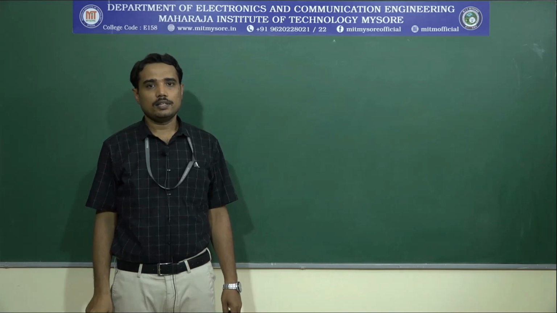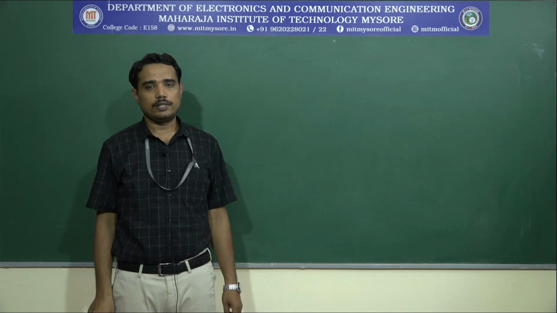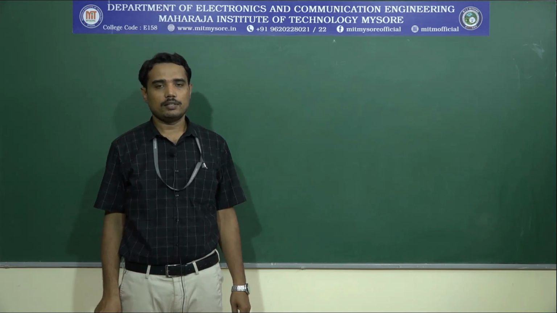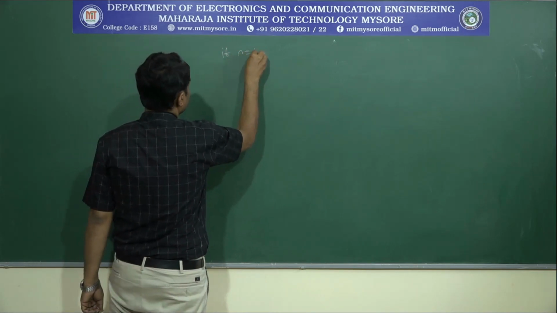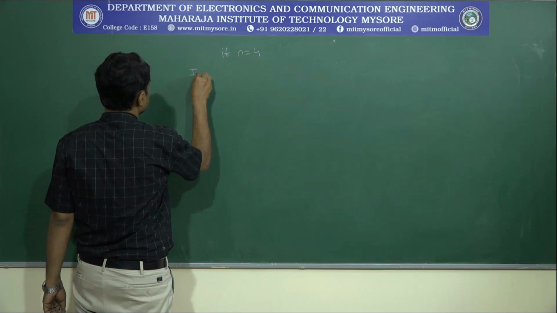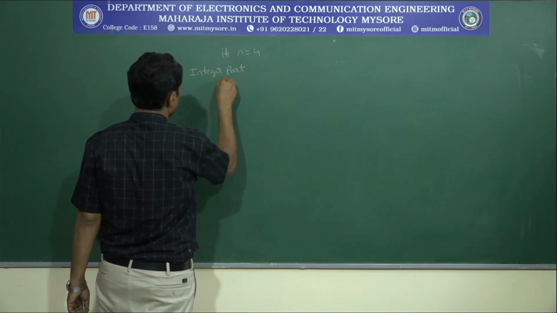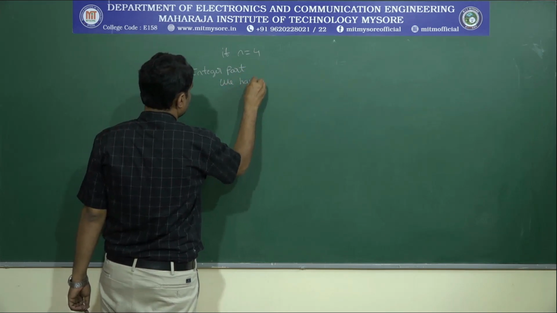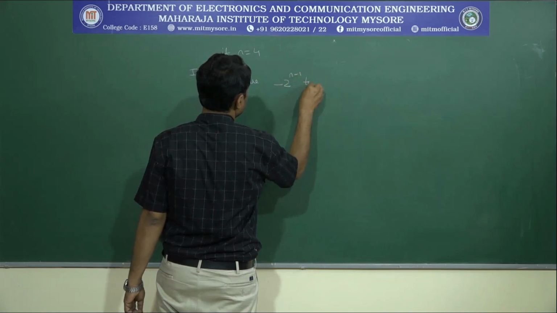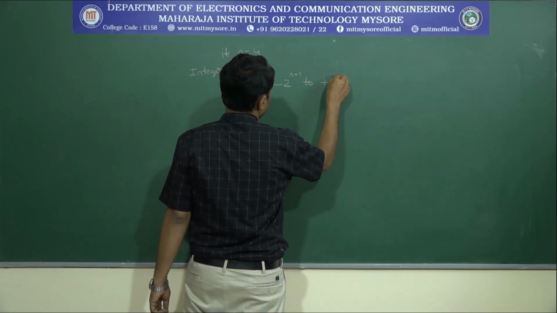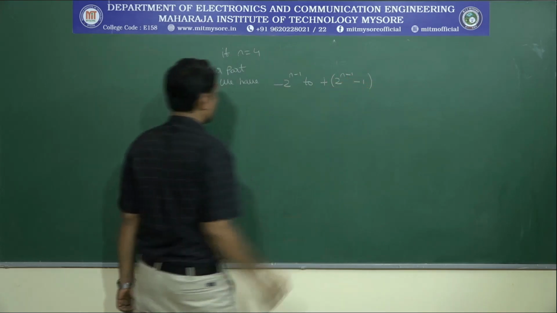Now, let us find the range of numbers that can be represented in case of integer and fractional part for the value n equal to 4. If n is equal to 4, then for the integer part, we have the range given by minus 2 power n minus 1 to plus 2 power n minus 1, minus 1.